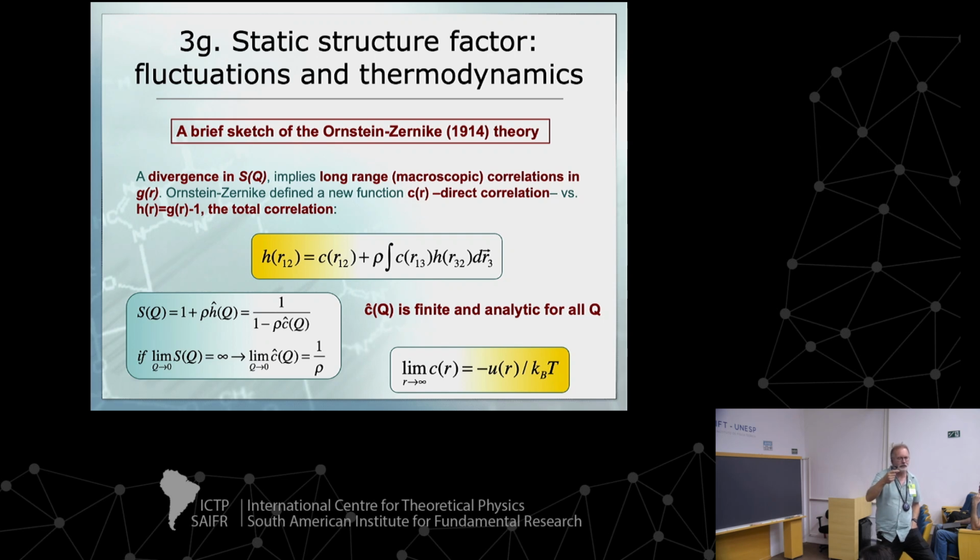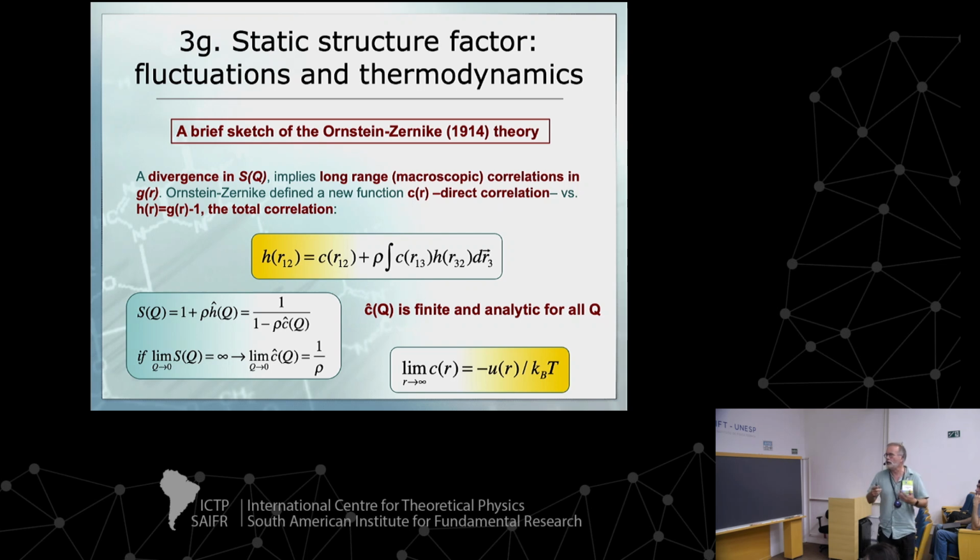They were using it in scattering experiments. And what they realized when they tried to transform backwards the structure factor is that the corresponding G of R was a divergent property because S of Q at Q equals 0 diverges.